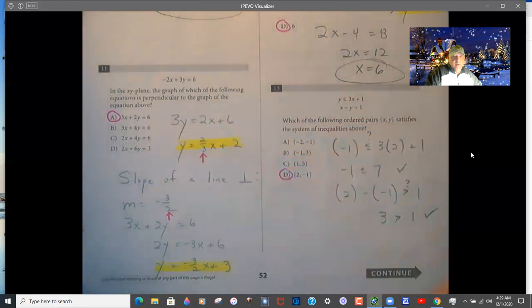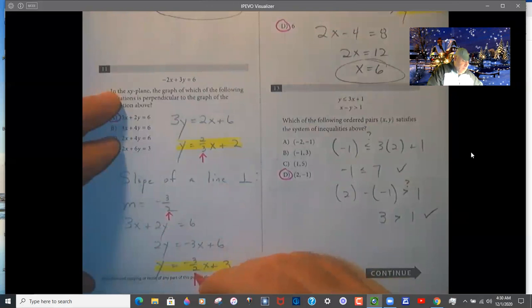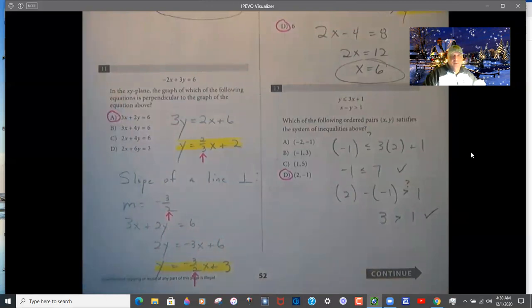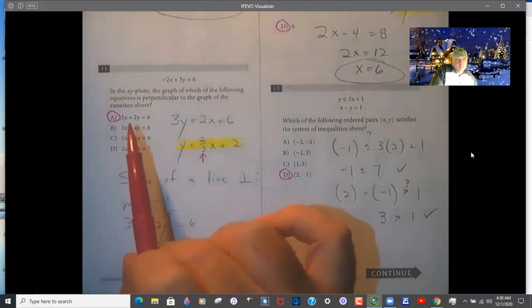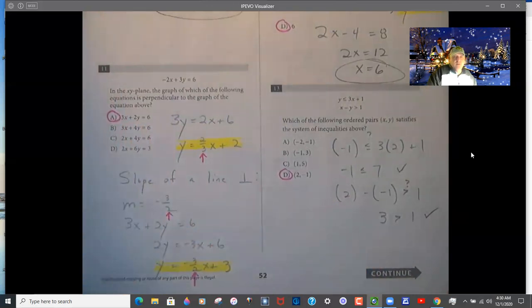We need to figure out which one of those has a slope of -3/2. Well, a little bit of common sense tells you that it's probably going to be A. So I just chose A to solve for y so that you could see the slope as -3/2, just because it's the only one that has the 3 and 2 as the coefficients there.